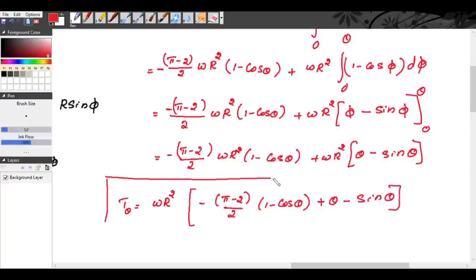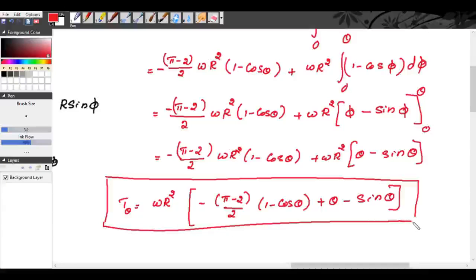So this is the twisting moment or the torsional moment at section X.